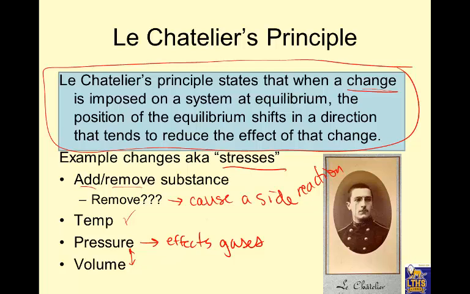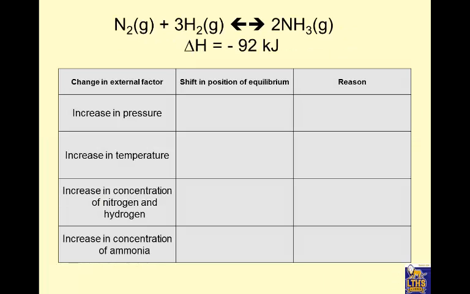Oh look, it's an equilibrium system with a negative delta H. What if we increase the pressure of this system once it's at equilibrium? Well, pressure involves gases, so this side has 4 gases, this side has 2 gases. Which side will get more stressed if there's more pressure?